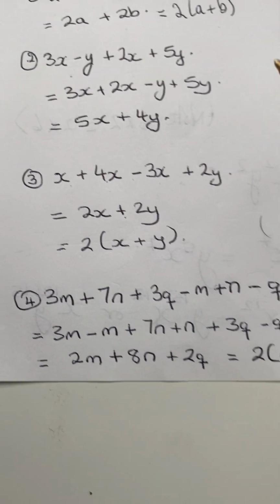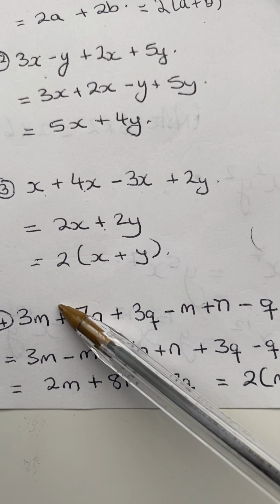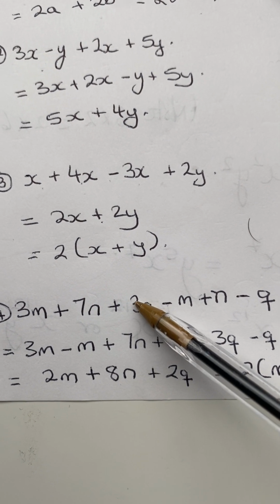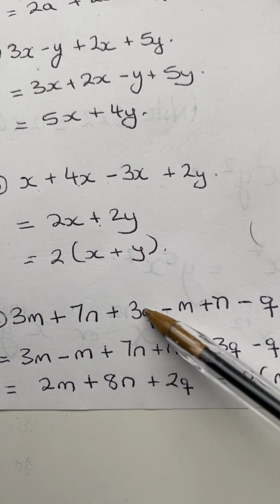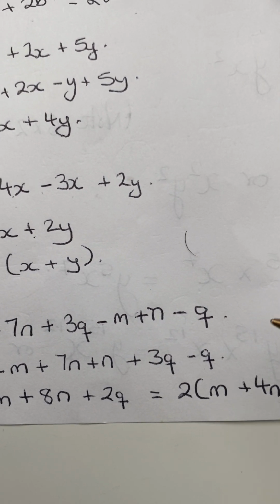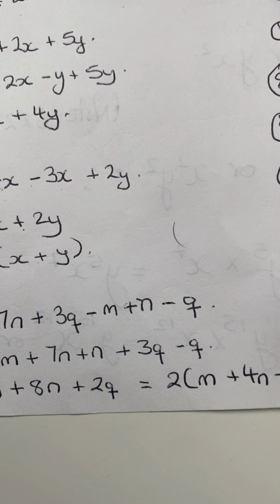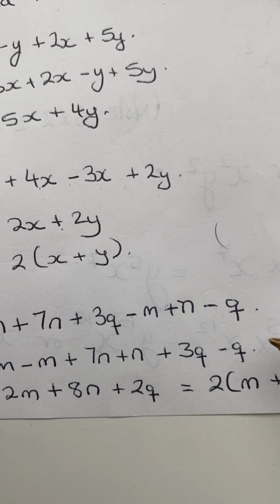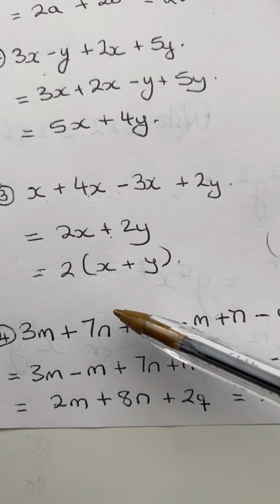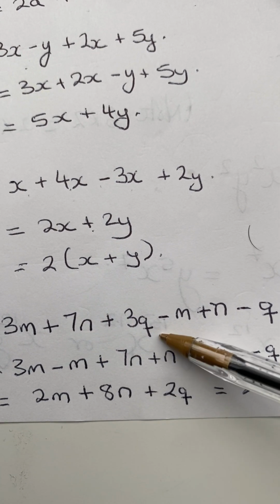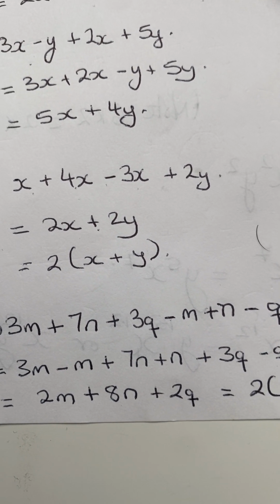Now, this one has m, n, and q. So your algebraic expression can use many variables. All you need to do here is to put like terms together.